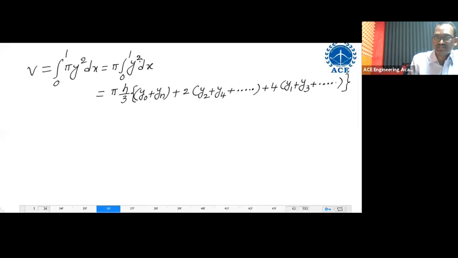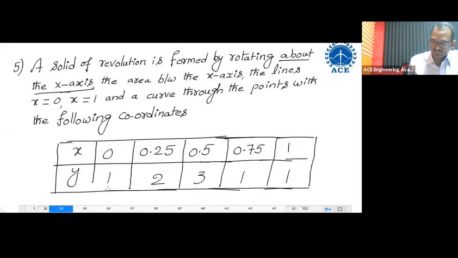That's why every y should be written as y square. Suppose y cube is there, every y should be written as y cube. This is y naught, this is yn, y1, y2, y3.